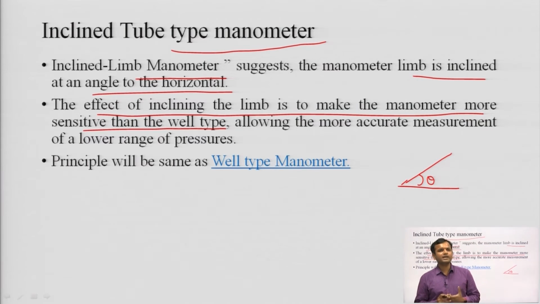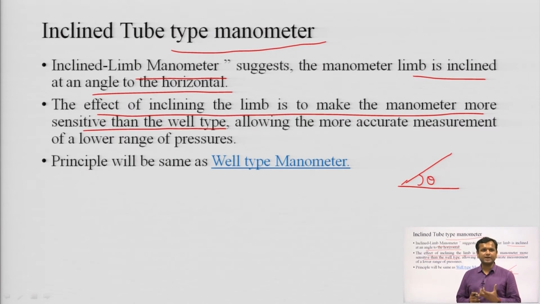So, to increase the sensitivity of the Well type manometer, we use the inclined type manometer. The working will be the same, but the sensitivity will be increased by the inclined limb that we are going to use.